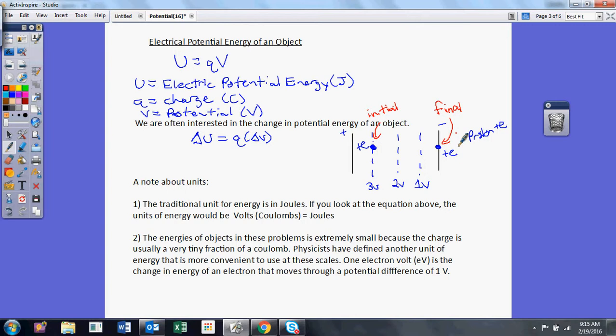So when I calculate this, the change in potential energy is equal to the charge, and that's the elementary charge, which means that's 1.6 times 10 to the negative 19th, and it's positive, and our change in potential, this would be 0 volts over here, by the way, would be 0 minus 3.